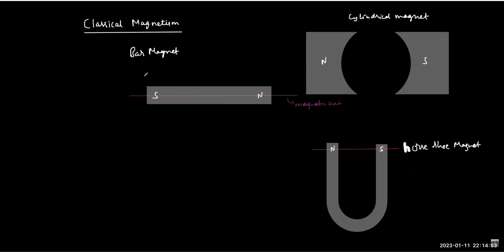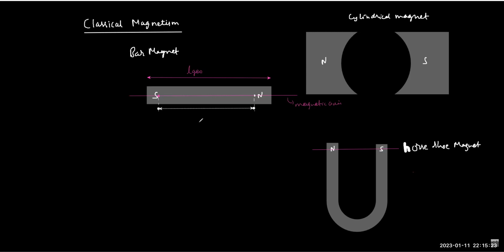So we do have two types of length that we define here. One is called the geometrical length, which is the actual physical length, we call L geo. But the poles are not exactly at the edge, they are slightly inside. So the poles are found to be slightly inside, and the separation between the poles is called the magnetic length of the bar magnet.